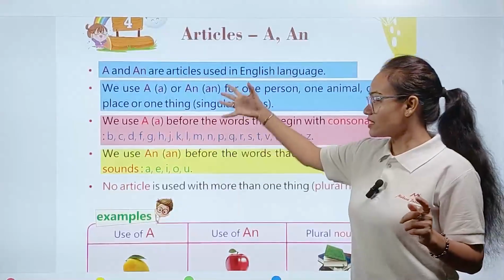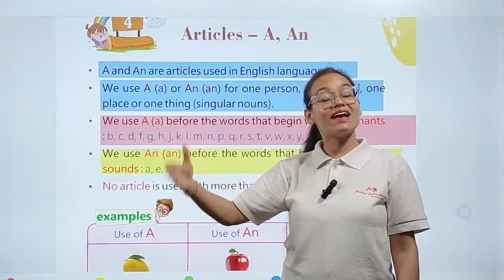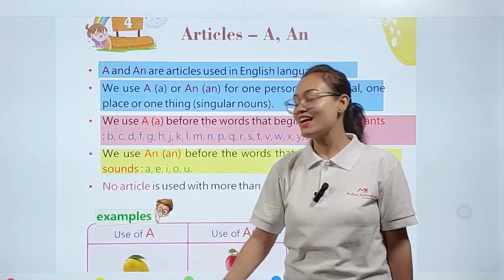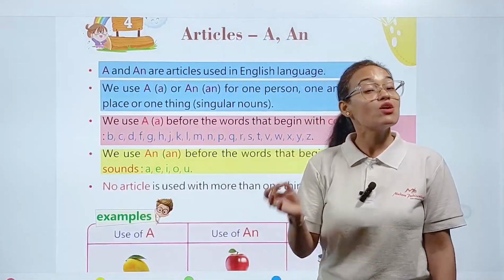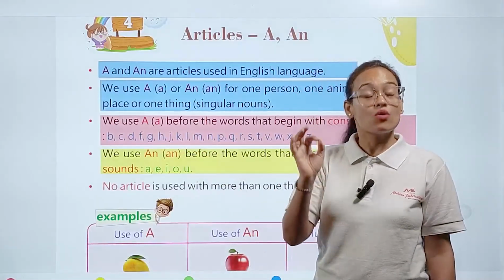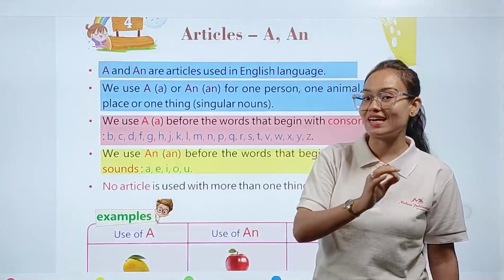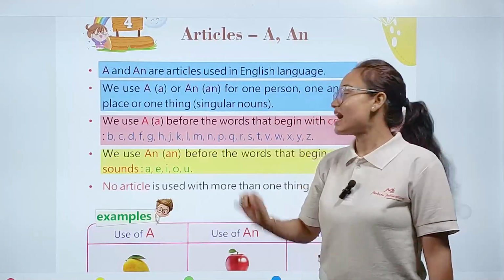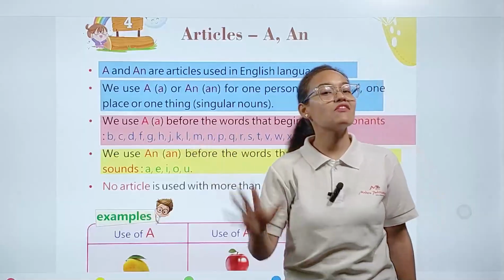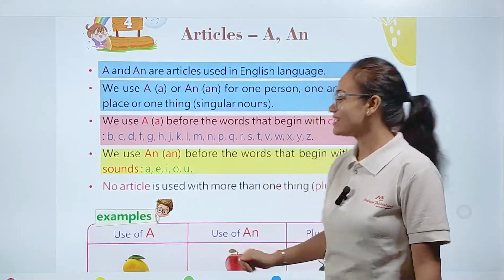I hope the difference between A and AN is quite clear to you all. We use A before the 21 consonants, and we use AN before the 5 vowels.